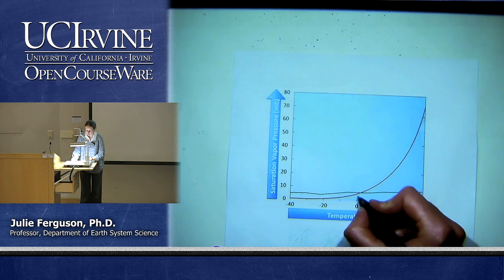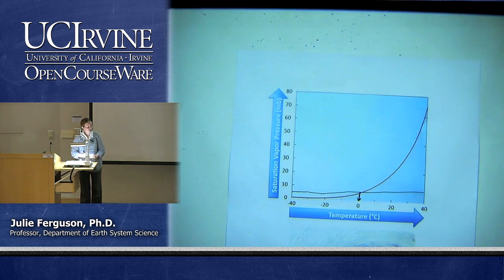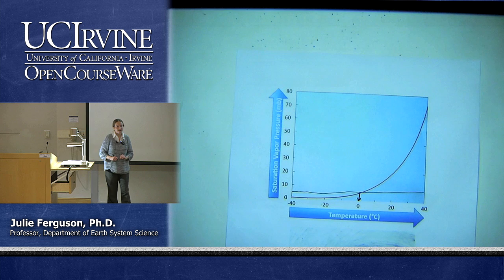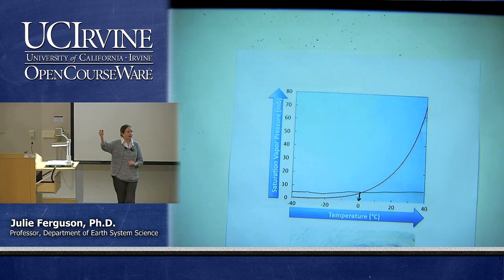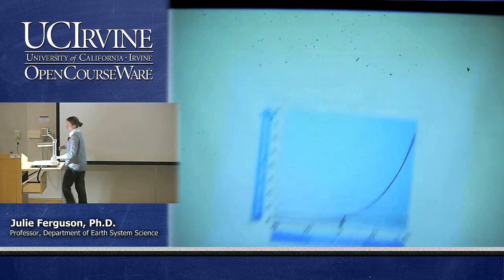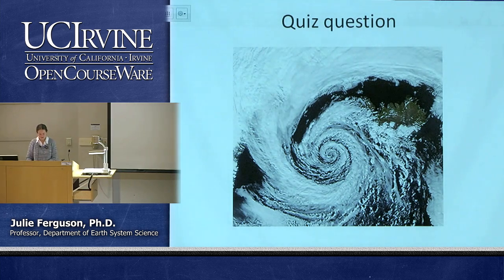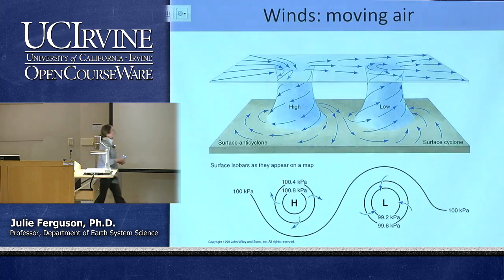Where it crosses that red line, which is about here, if I could draw it properly, that is my dew point temperature. So you draw a line across with that value of vapor pressure, and wherever it crosses that red line, that's your dew point temperature. Does that make more sense now? Yeah, great. Good. Lots of skipping around today, but hopefully it's helpful.